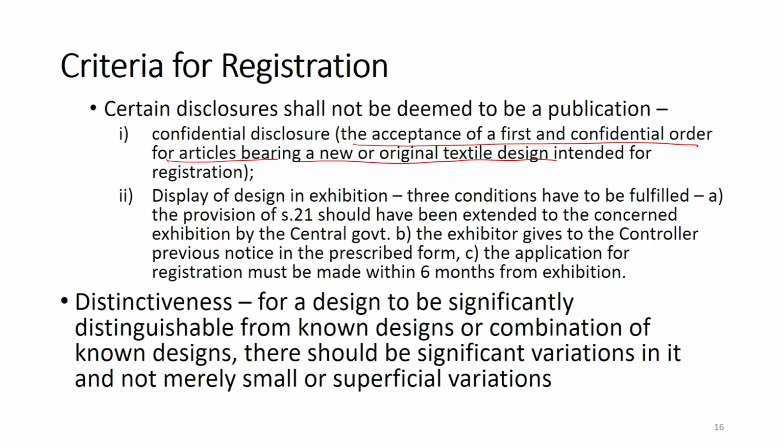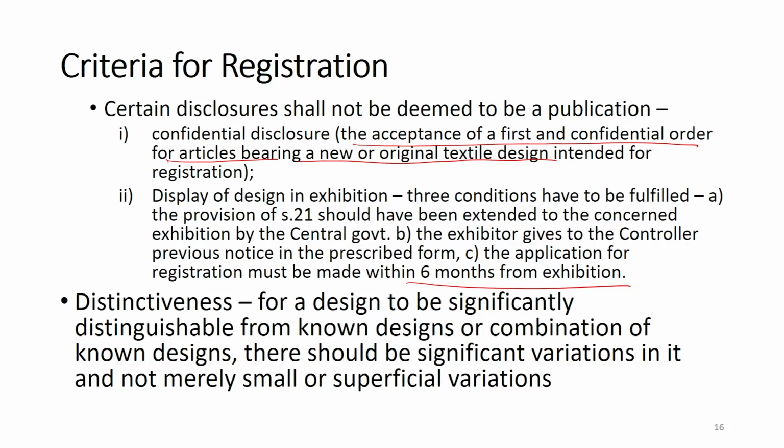Similarly, if the design is displayed in an exhibition, there are three conditions. Section 21 provisions should extend to such an exhibition. Central government must notify such an exhibition to which the exemption applies. The exhibitor gives previous notice in the prescribed form to the controller, and in case the design is displayed in exhibition, you must file the application for registration within 6 months from exhibition.